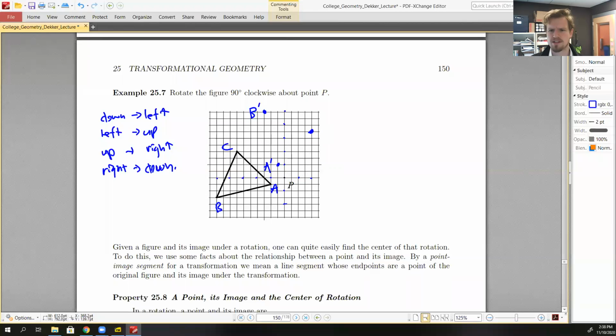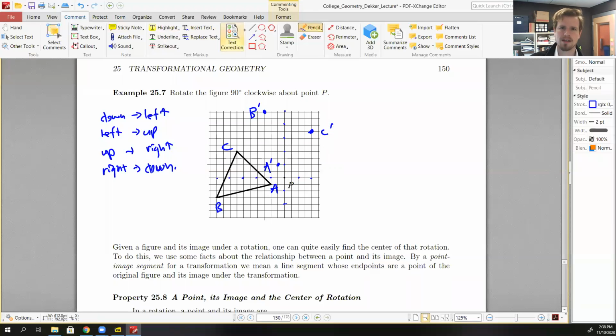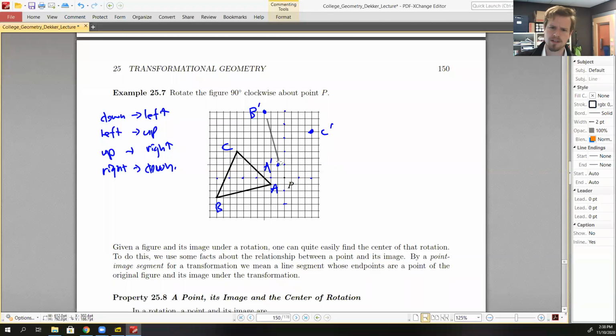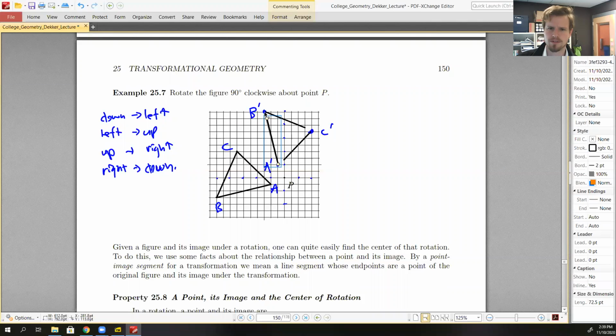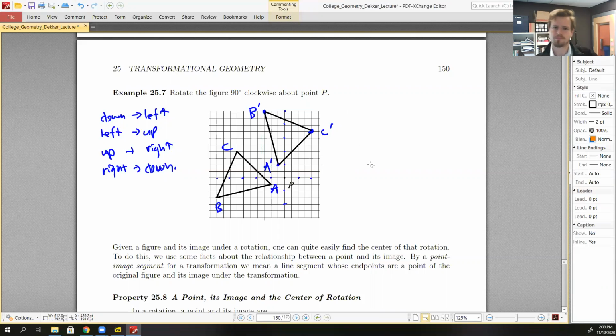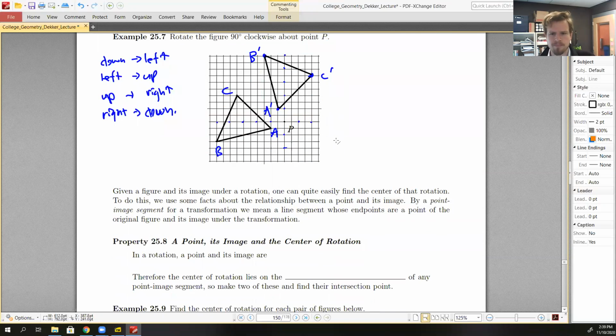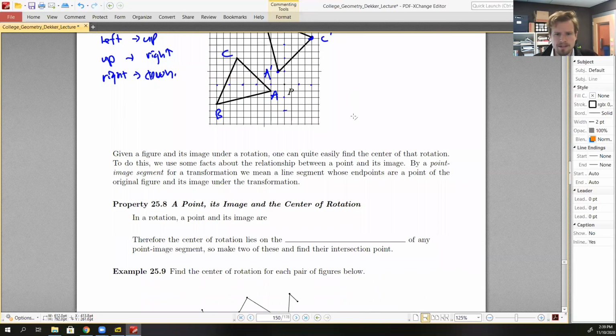So if that's C, then this is C prime. And again, we can connect these using straight edges. There we go. So I've performed the rotation. All right.